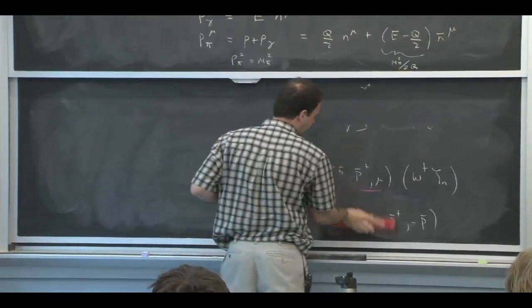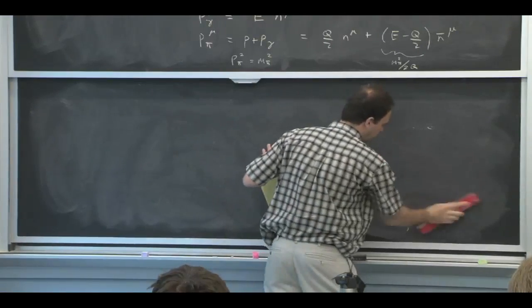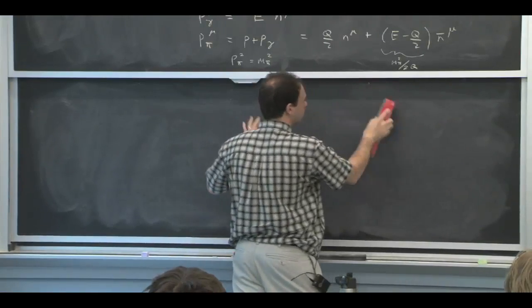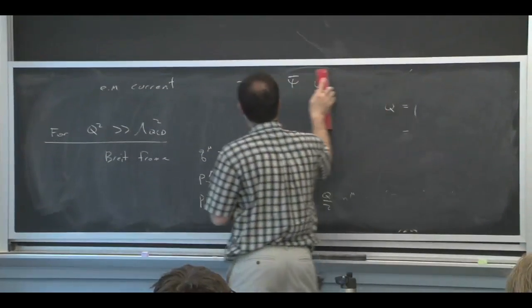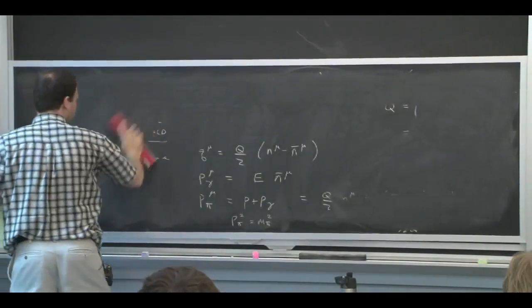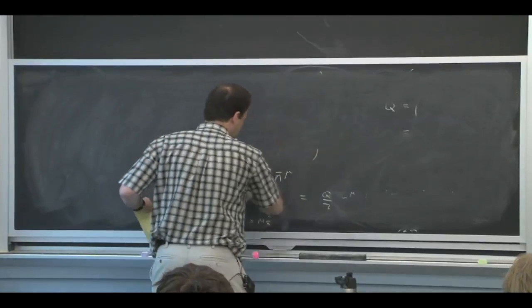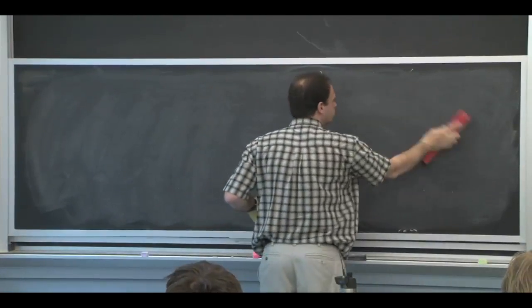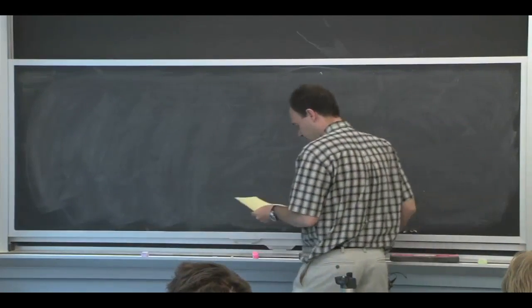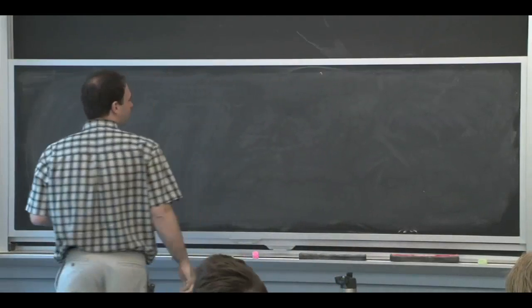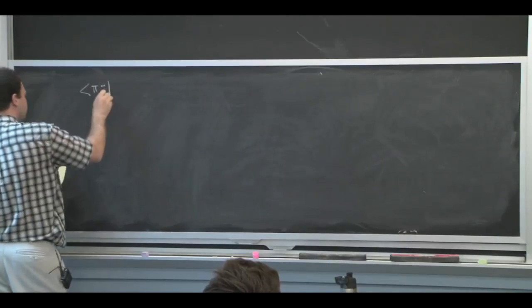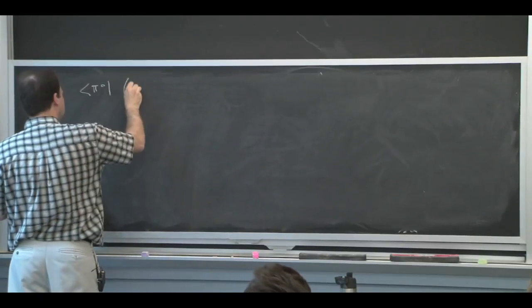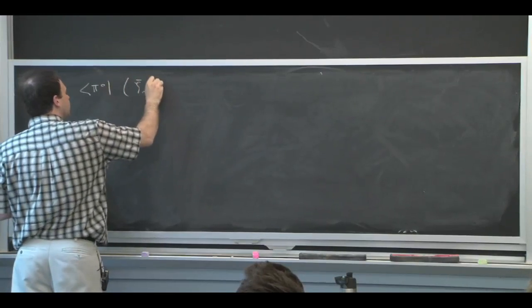But it's actually the same operator that we were talking about in DIS. In fact, it's just a bilinear operator with two collinear quark fields, collinear quarks dressed with Wilson lines. So one can go through a similar type of matrix element analysis for this operator, and it gives something that's called the light cone wave function. So let me define that for you.